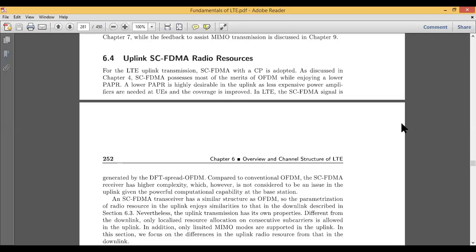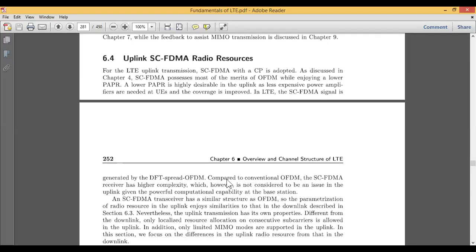This particular SC-FDMA is being considered widely in the LTE system, because when we compare with conventional OFDM and different types of receivers which do not make use of the OFDM technology, the receiver becomes very complex.